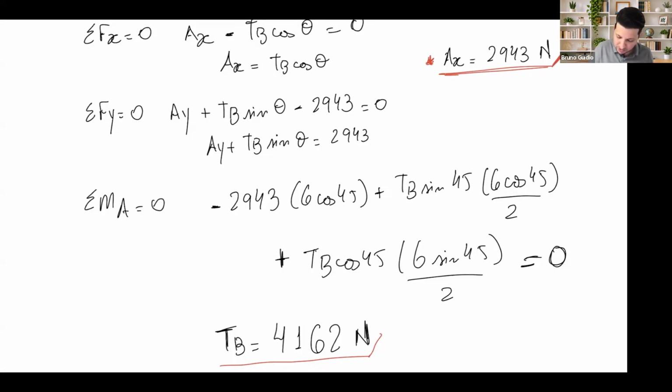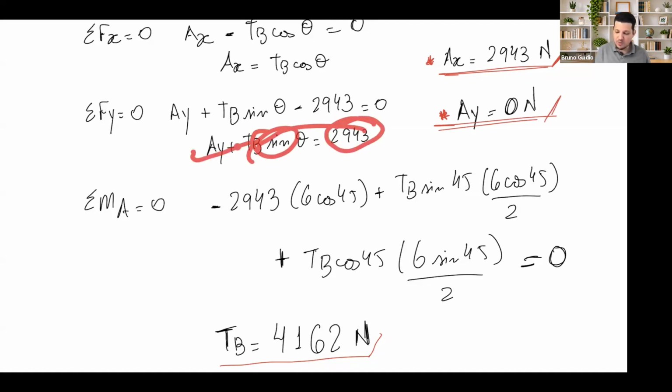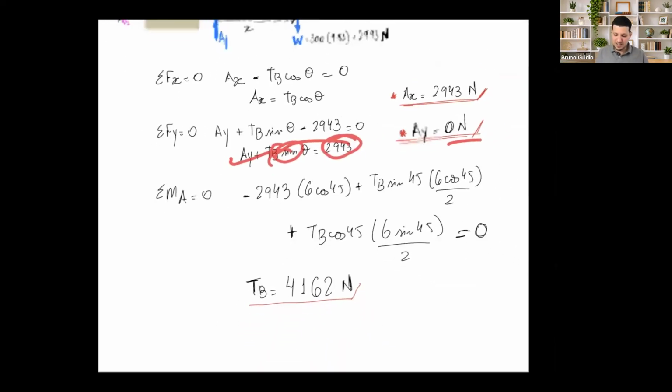And I will go back there as well. I will find that AY is going to be 0. Because this is going to be 2943, and 2943 goes to the other side, 0. AY is 0. All right, that's it.